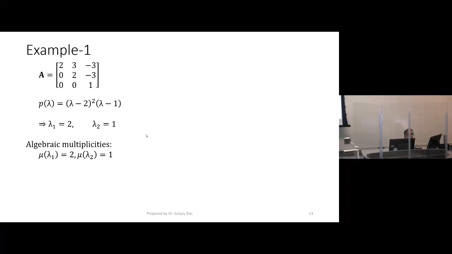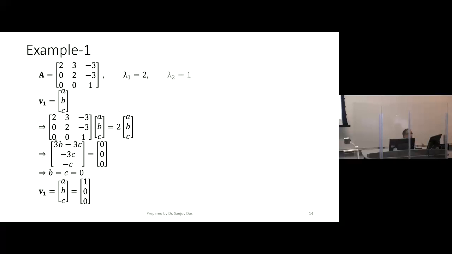Now let's look at the geometric multiplicities. Okay, so we'll consider lambda 1 equals 2. What is the geometric multiplicity of this? In other words, how many eigenvectors does lambda 1 equals 2 have? So let's call it V1 equals (a, b, c).